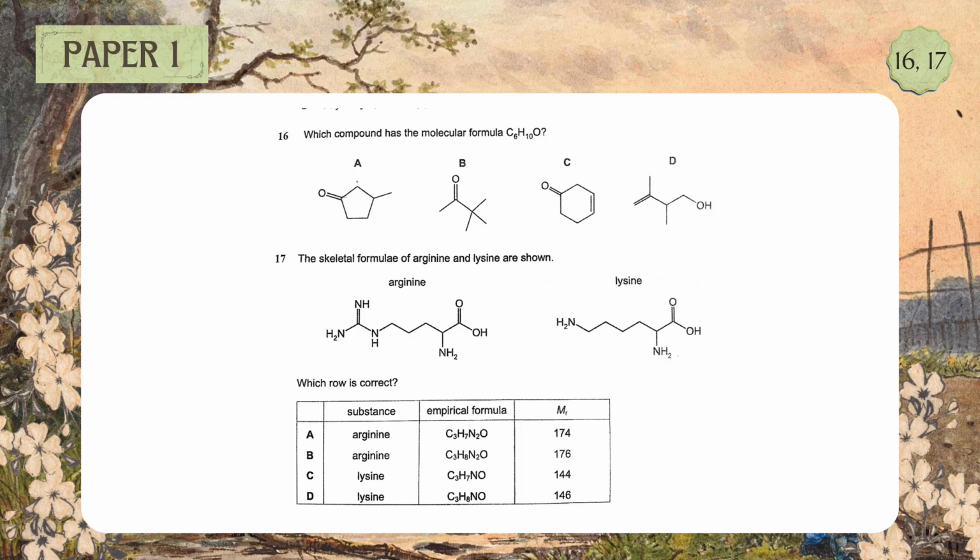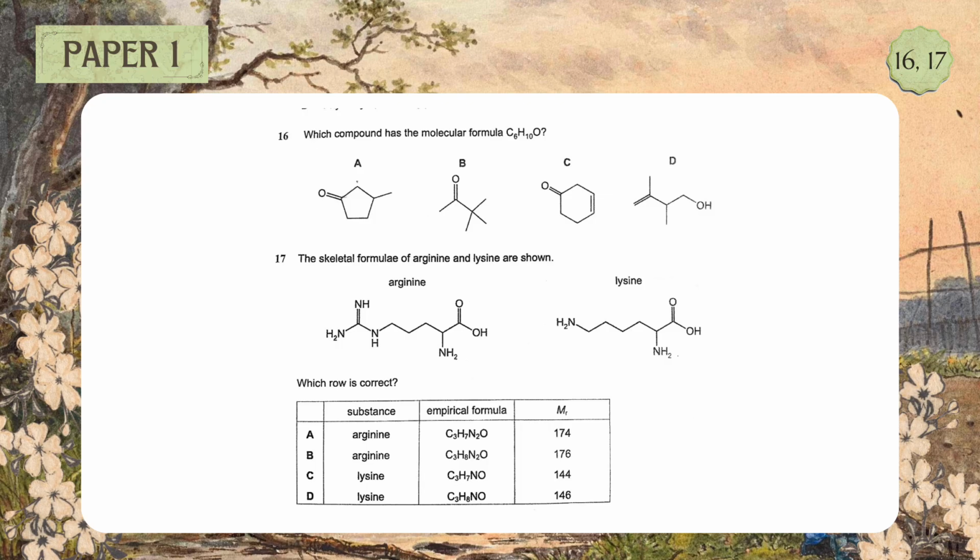It is completely saturated apart from the carbonyl, meaning its formula would be C6H12O. Whereas C, a six-membered ring with a carbonyl and an alkene double bond, that's six carbons, but it has 3 degrees of unsaturation, meaning its formula is C6H8O. Whereas D, this is an alcohol with an alkene double bond. It has 6 carbons, but only one double bond, meaning it is C6H12O. So that's why A is our exact match.